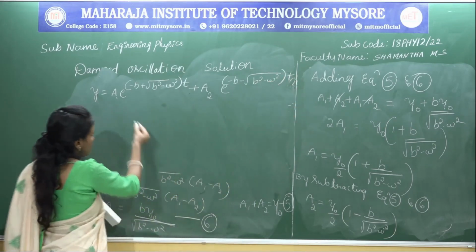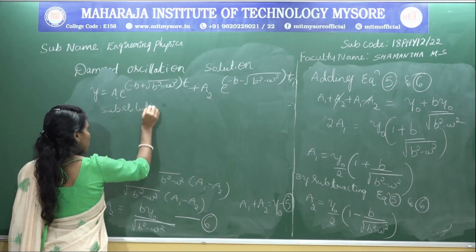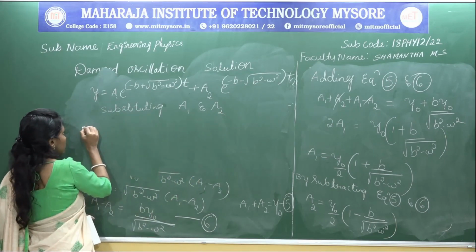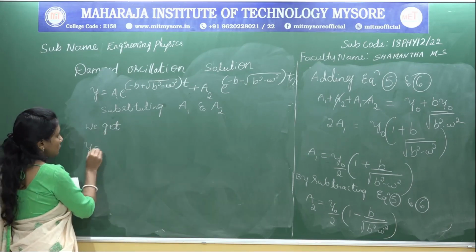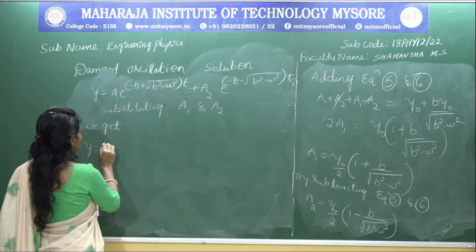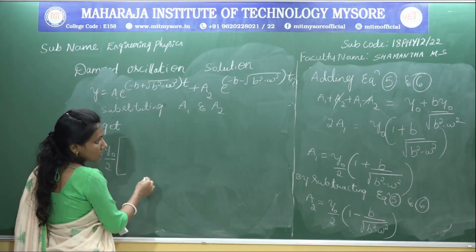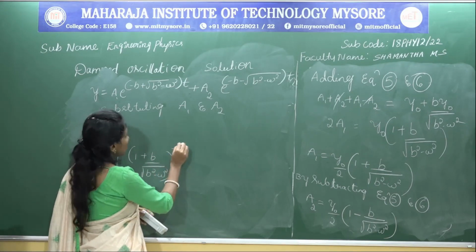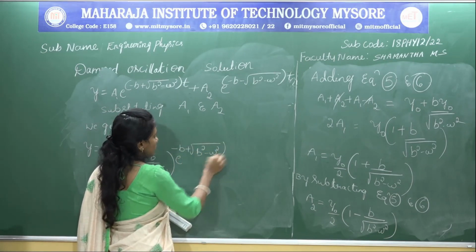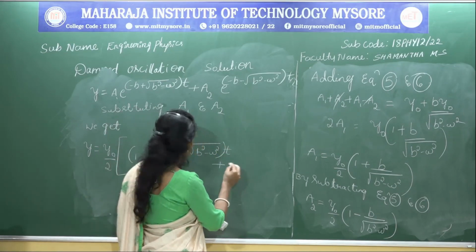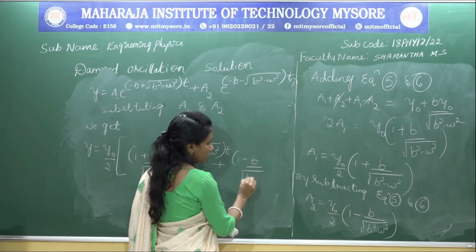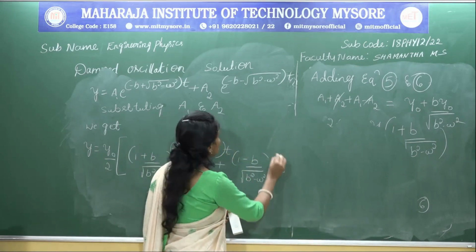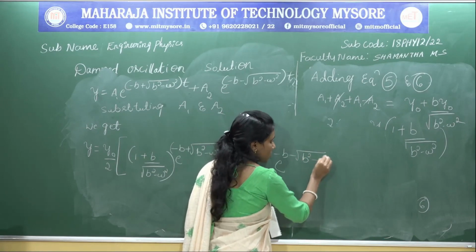Substituting, y is equal to y naught by 2, which is common, times 1 plus b divided by root of b square minus omega square, e to the power of minus b plus root of b square minus omega square into t, plus 1 minus b divided by root of b square minus omega square, into e to the power of minus b minus root of b square minus omega square into t.